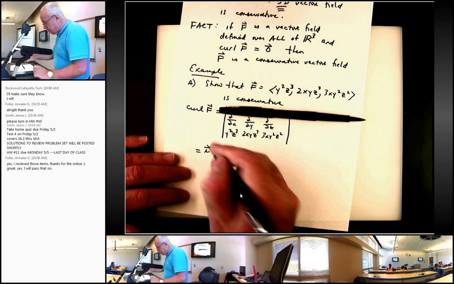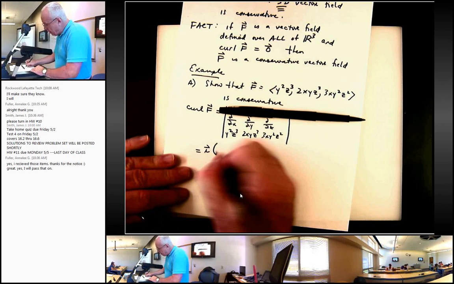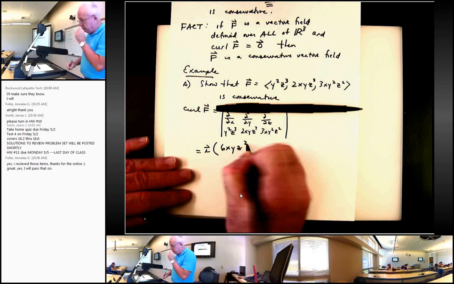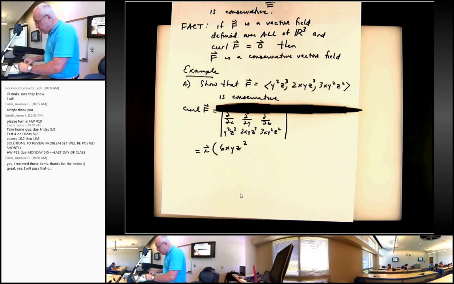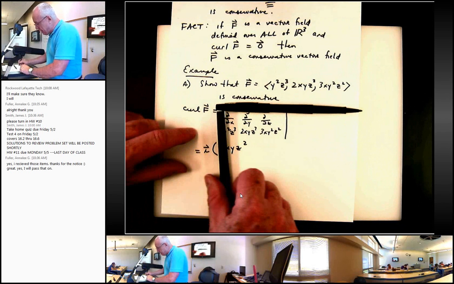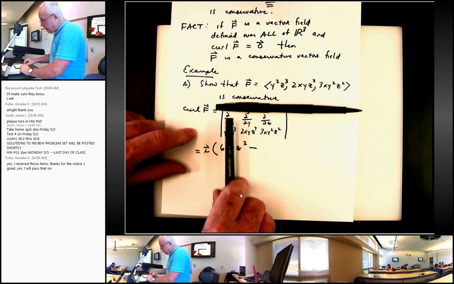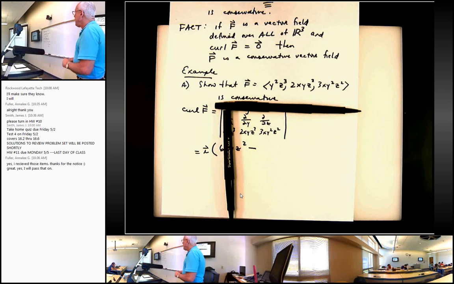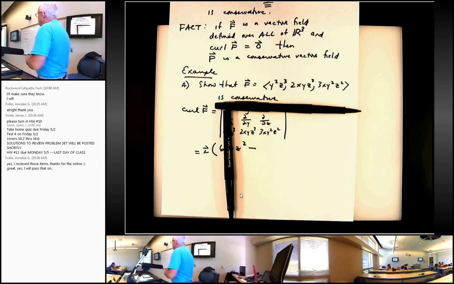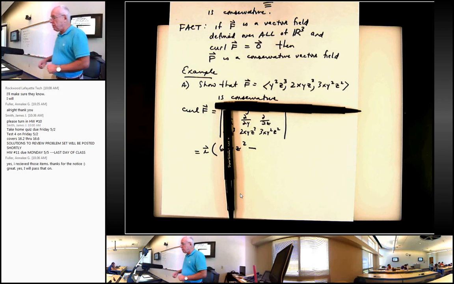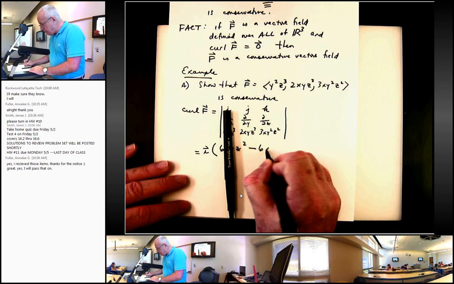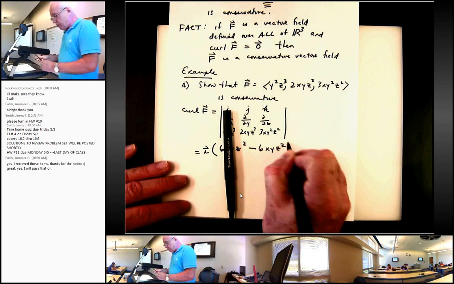That gives me 6xy z squared. And then we go to our up diagonal and minus. Up diagonal is the derivative with respect to z of 2xy times z to the third power. Z is our only variable, so I get 3 times 2 is 6xy z squared, close parentheses.